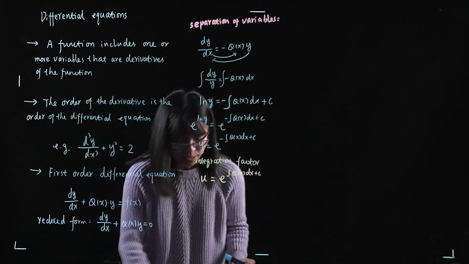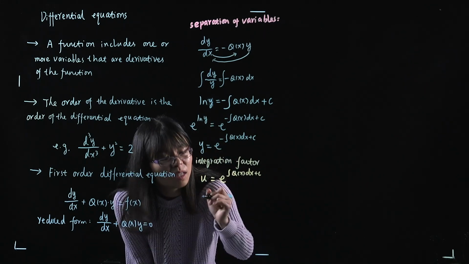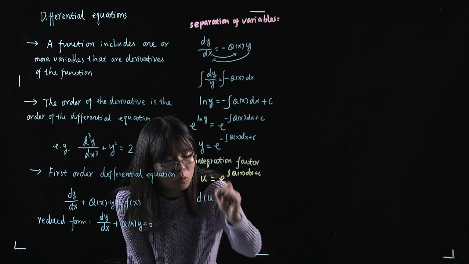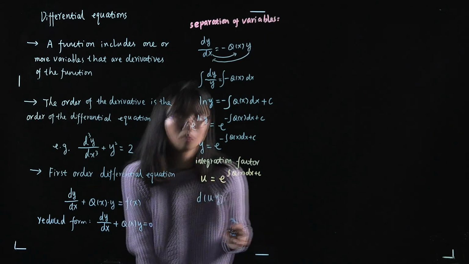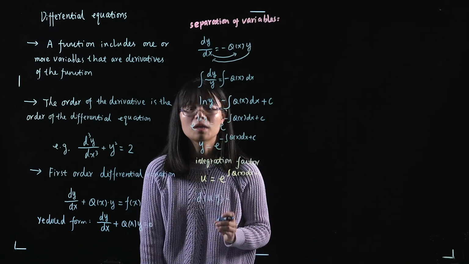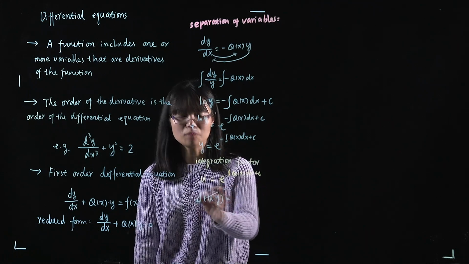Okay, so why does this integration factor matter and how are we going to apply it? First of all, if you take the derivative of the product of u times y, what are we going to get? You can pause the video for a minute and try to work on your own, and then come back to check with my answer.